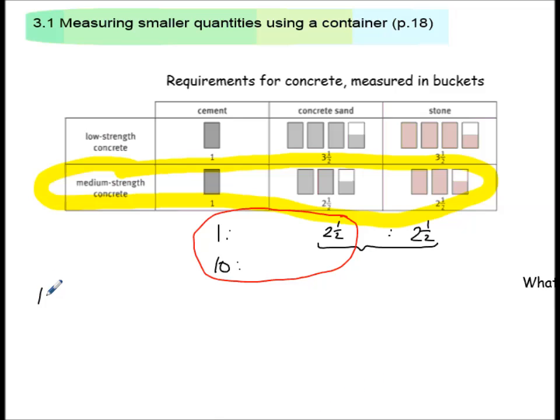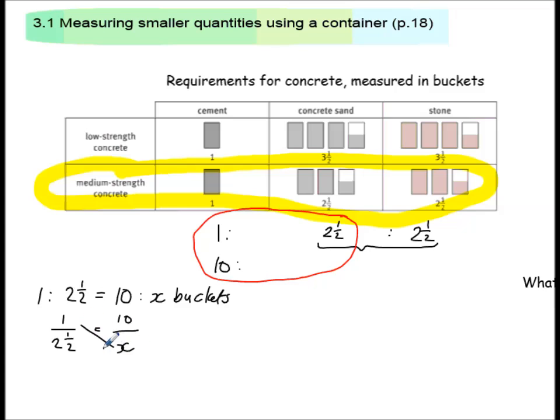So I'm going to have 1 to 2.5. That is what was given to me in the table. Equals, well, the example said you had 10 buckets to X buckets. We are using buckets for all of them. Next thing we do is we write it in fraction form. So 1 over 2.5 equals 10 over X.